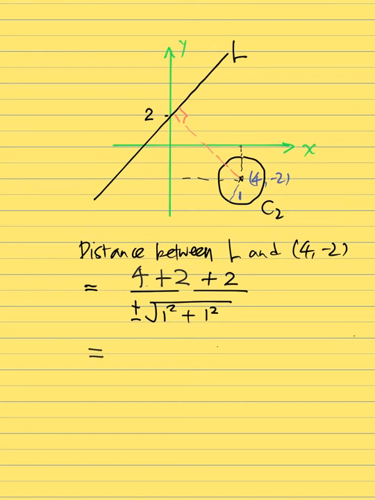So altogether it is 8 over plus or minus square root of 2.